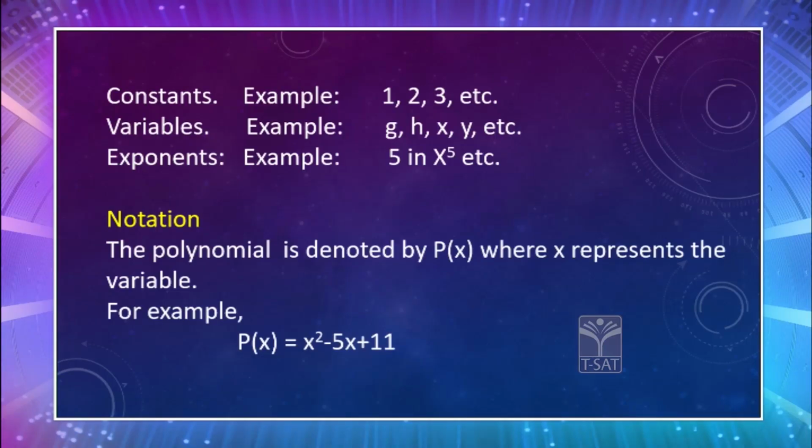Now, a brief discussion about these terms. One is constants, for example numericals, that is 1, 2, 3. Then variables, g, h, x, y, etc. Generally we use x, y, z, t as variables, and sometimes we use a, b, c as constants, though sometimes we use a, b, c also as variables.